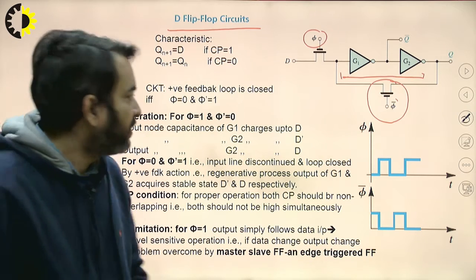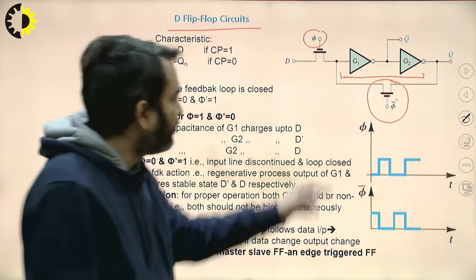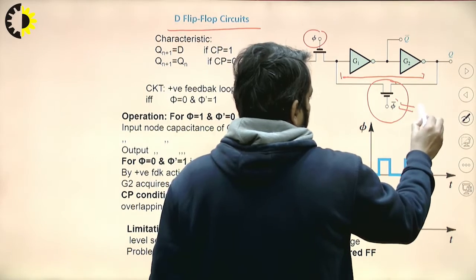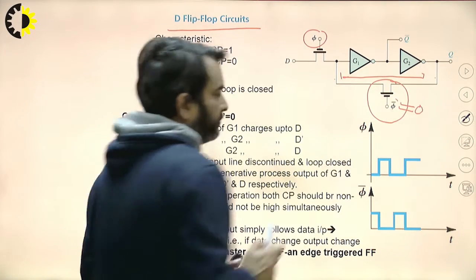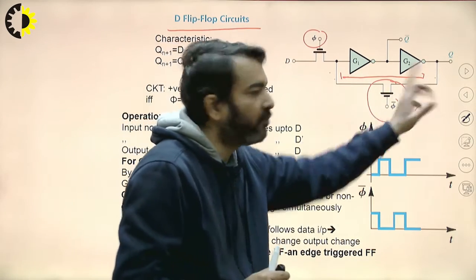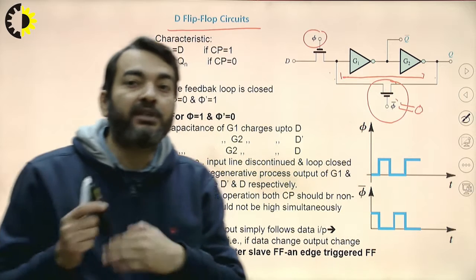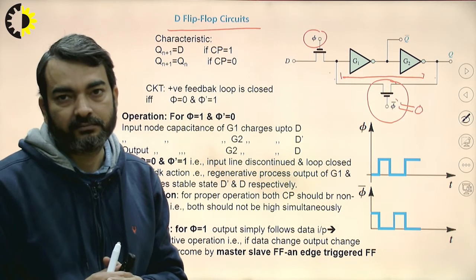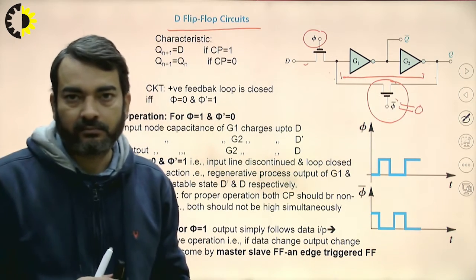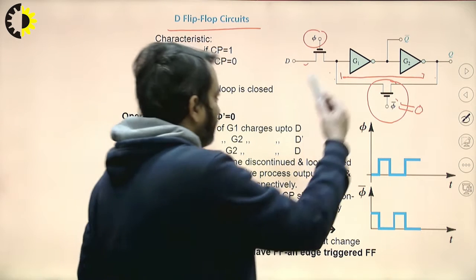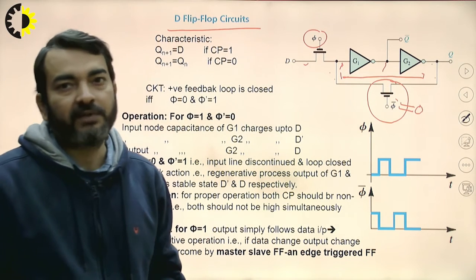First we will try to understand the use of this complementary clock. Suppose this clock is 0. In that case, this loop will be open. The transistor will be off, the loop will be open, meaning there will be no regenerative process of the cross-coupled inverter. At that time, we input the data, and the node capacitances at these points will charge according to the given input.